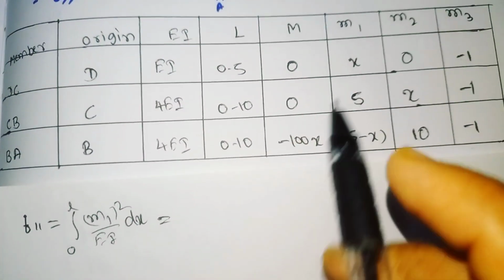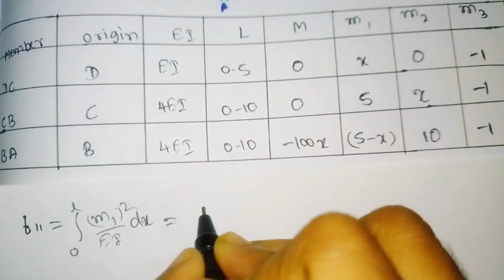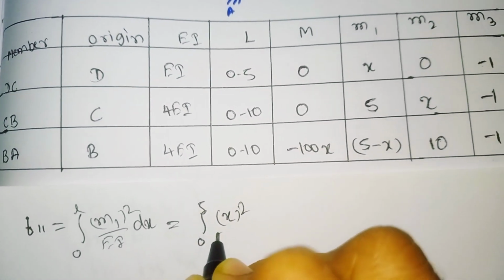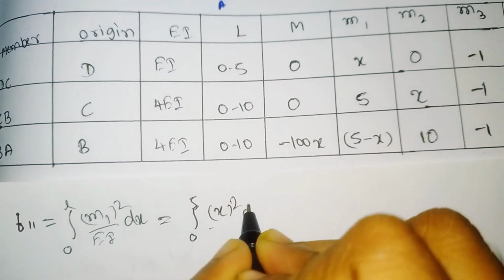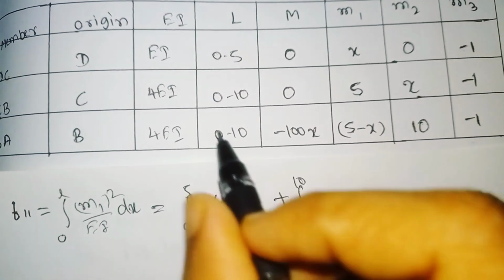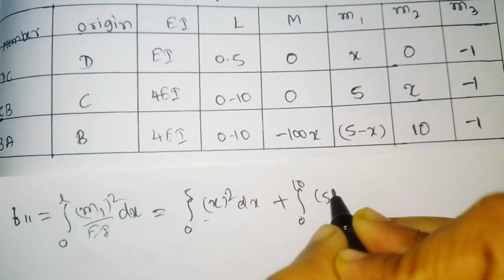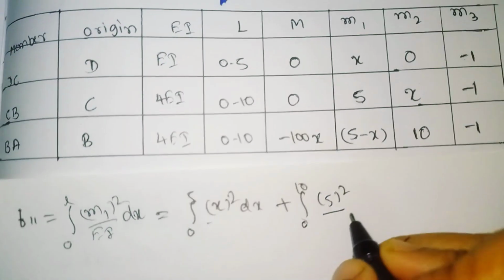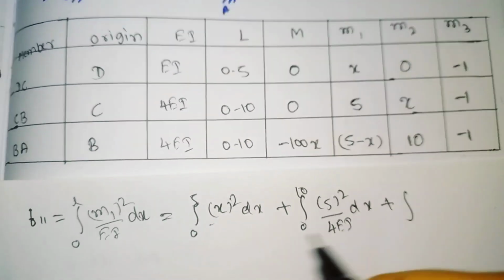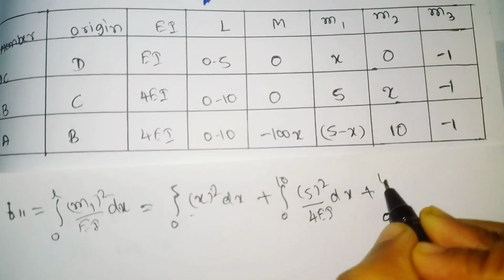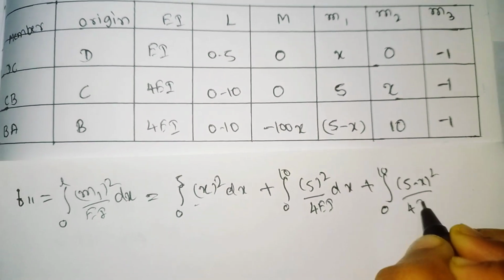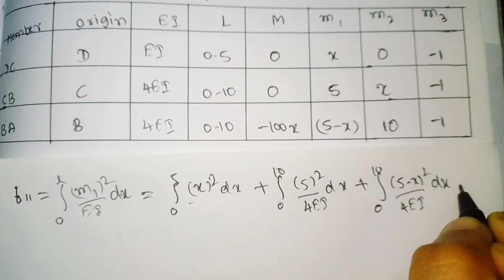For CD, m1 is x, limit is 0 to 5, integration of 0 to 5, m1 is x whole square, EI value is 1, into dx, plus for CB the limit is 0 to 10 and m1 is 5 square divided by EI, which is 4 EI, into dx, plus integration for BA, limit is 0 to 10, m1 is 5 minus x whole square, EI is 4, divided by EI into dx.